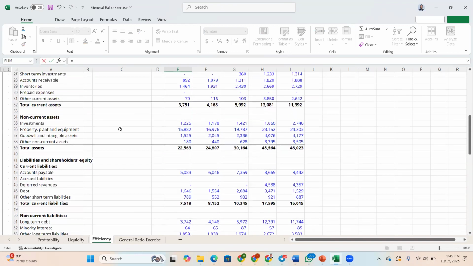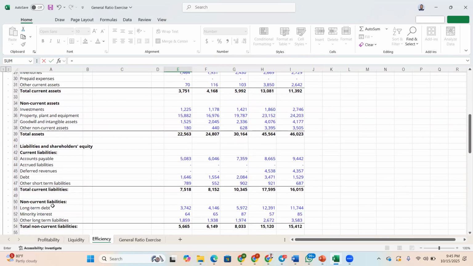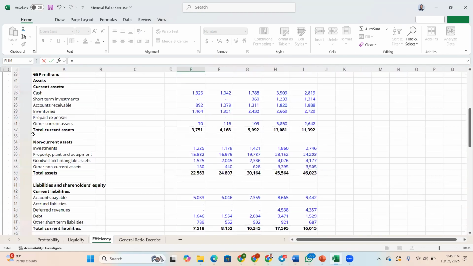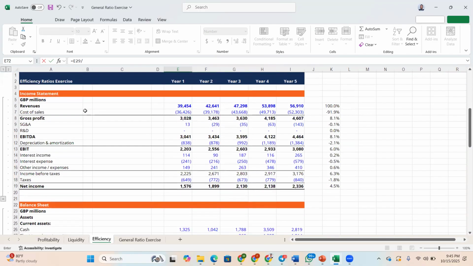Where's our inventory? Okay, inventory is there. Divided by cost of sales, which is up there.